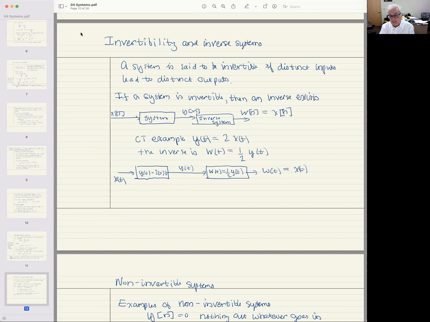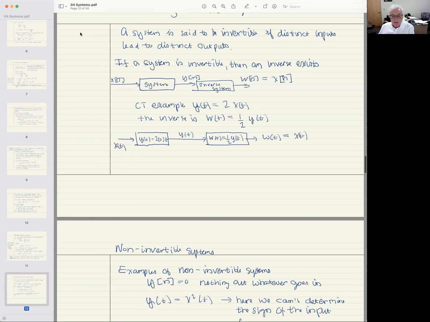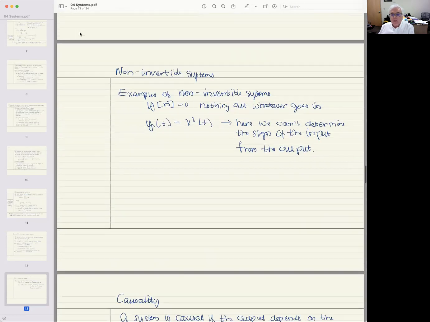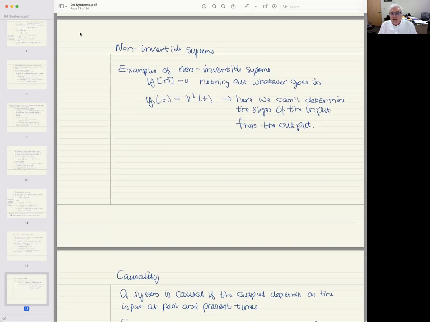But this is the continuous time example where we have an input and it is recovered. I've diagrammed a discrete time system, but I didn't actually give an example. An example, though, of a non-invertible system is one that whatever you put into it, nothing goes out of it.